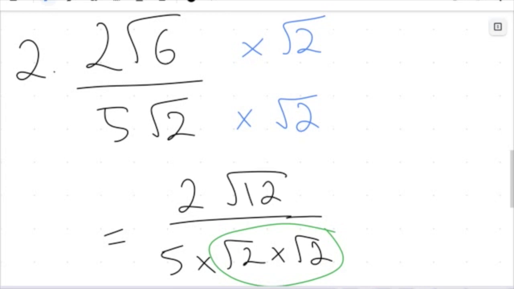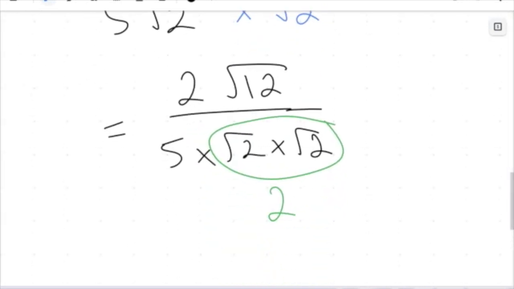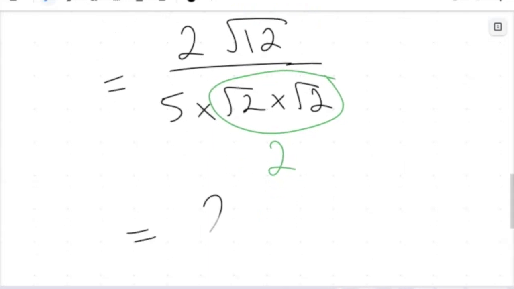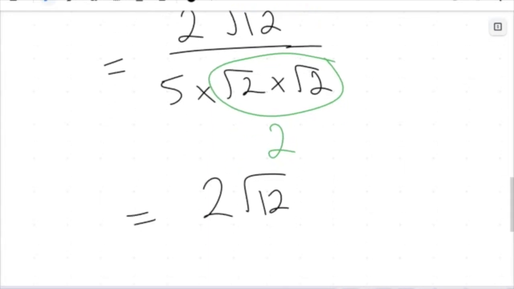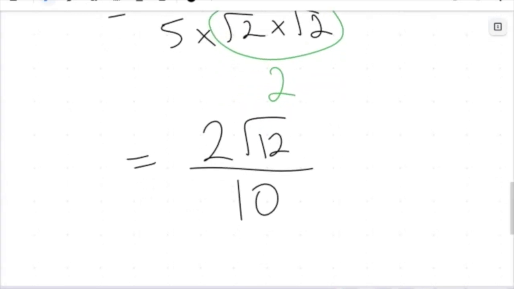And now I can start to think about simplifying this. So 2 root 12, 5 times 2 on the bottom is going to be 10. So I can see top and bottom, I have a number that can go into both 2 and 10.